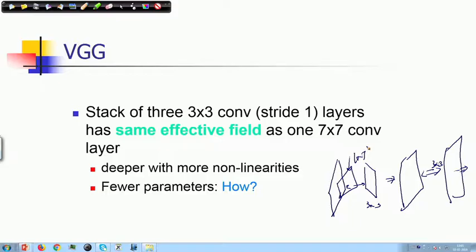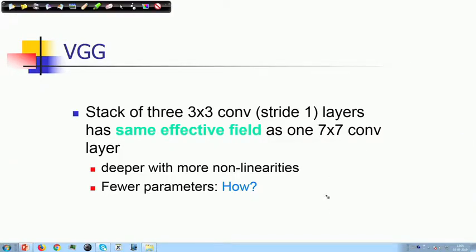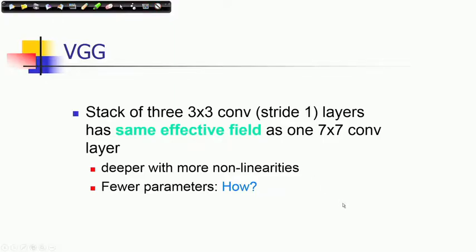So, this is one advantage. That is why you have so many layers but the same effect, and you have more nonlinearities introduced, and that would give you fewer parameters also, because if you are using this stack of 3, then you get fewer parameters.